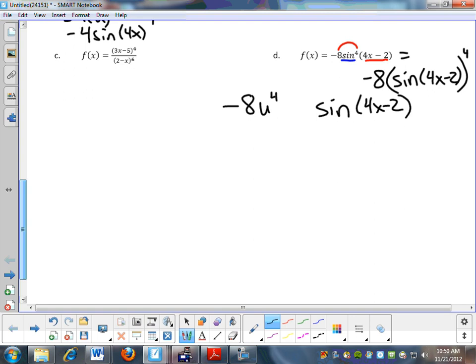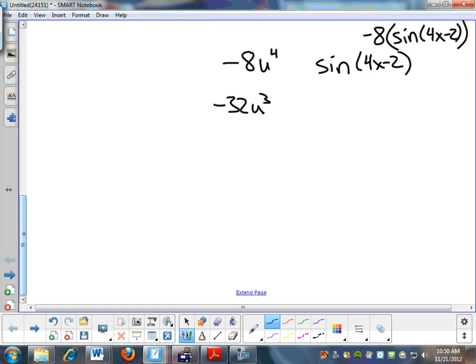What's the derivative of negative 8 u to the fourth? Everybody okay with that so far? What's the derivative of sine of 4x minus 2? Got to use the chain rule. So, I'm going to set it up again. What's the outside part of this?